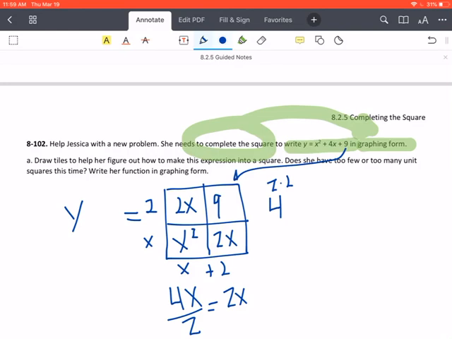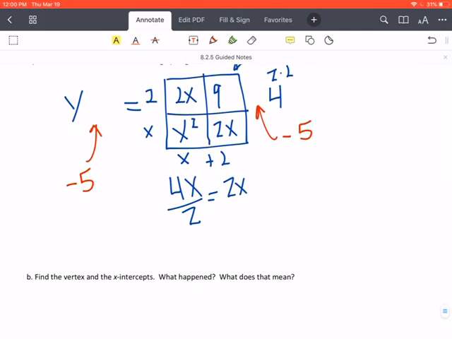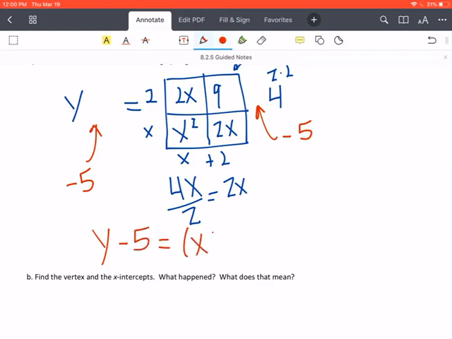So we have to think about how do we get from 9 to 4. So at this point, we have to subtract 5 from 9. So if we're going to do that on one side, we have to do that on the other side. So now we have, not graphing form yet, but y minus 5 equals x plus 2 quantity squared.